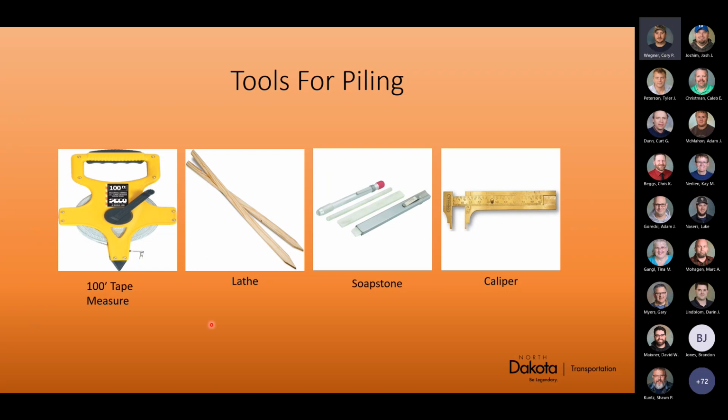Then I decided to try a caliper. I set it to what I'm looking for based on the other factors, and that made it a whole lot easier. So always looking for things to make the job easier.